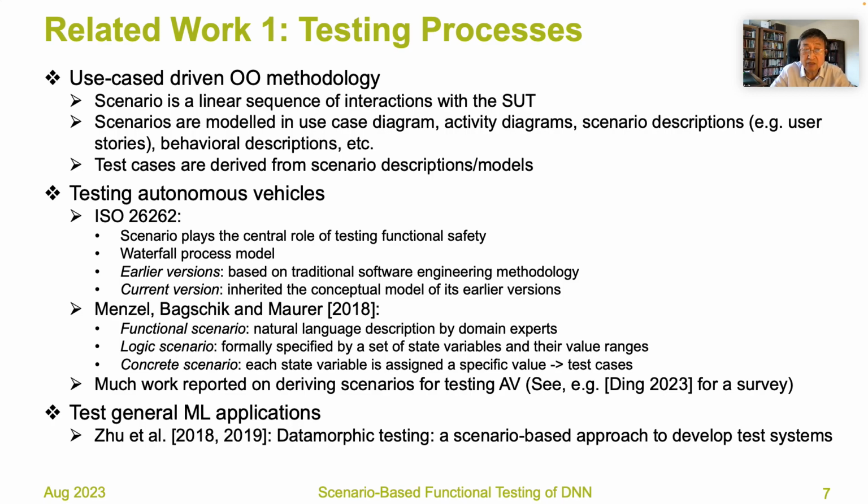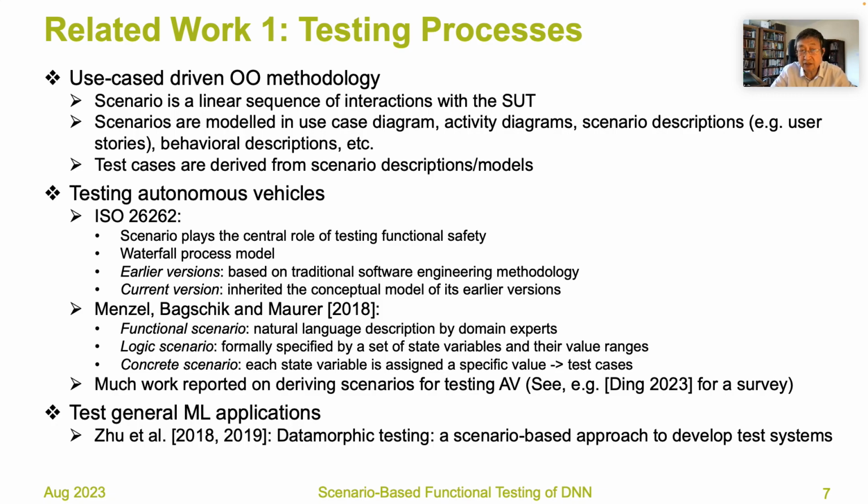It is based on a waterfall process model of software development, which is similar to the OO methodology. The earlier versions of the standard are based on traditional software engineering methodology. However, it has to be adapted to the new context of testing autonomous vehicles.